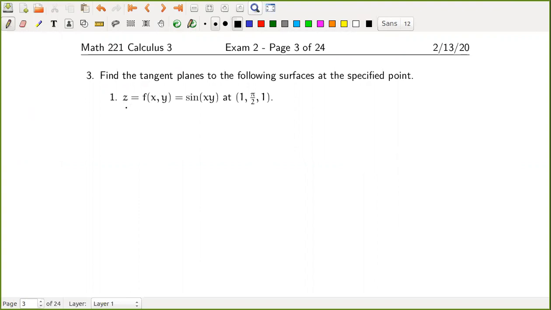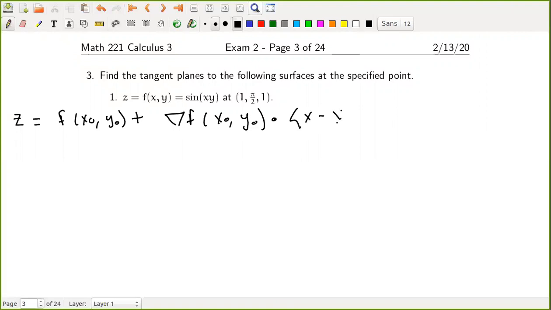of x y, and you want to find the tangent plane at a point, then the tangent plane is just z is equal to f of x0, y0 plus the gradient of f evaluated at x0, y0 dotted with x minus x0, y minus y0.